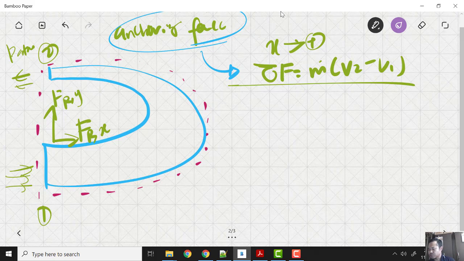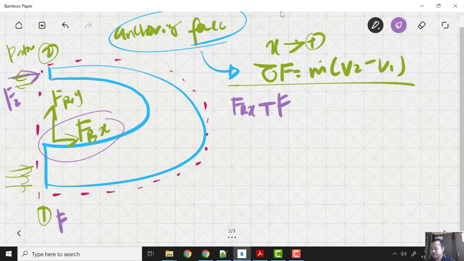Now let's list all the forces involved in X direction. Moving to the right is positive, so we have FRX. Another one is P2, moving in the same direction as FRX, so plus. Since the pressure here is PATM, we just write F2. Here we have F1, from P1 A1, from pressure P1, and from pressure PATM equal to P2.